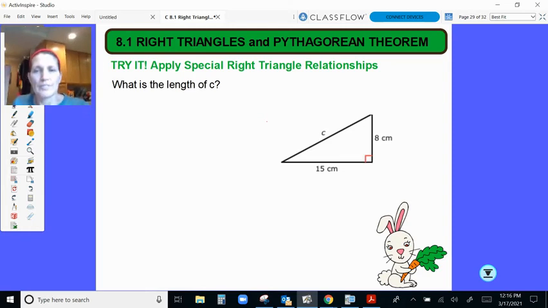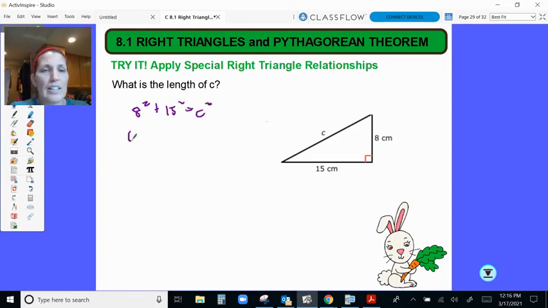Okay, how about this one? Now be careful here because this is not a 45, 45, 90 right triangle, so you can't use those special relationships. It's also not a 30, 60, 90. It doesn't say 30, 60, 90 on it, so you cannot assume that. So be careful with that. Here we just have to use our good old Pythagorean theorem. So 8 squared plus 15 squared equals c squared. 64 plus 225 equals my c squared.